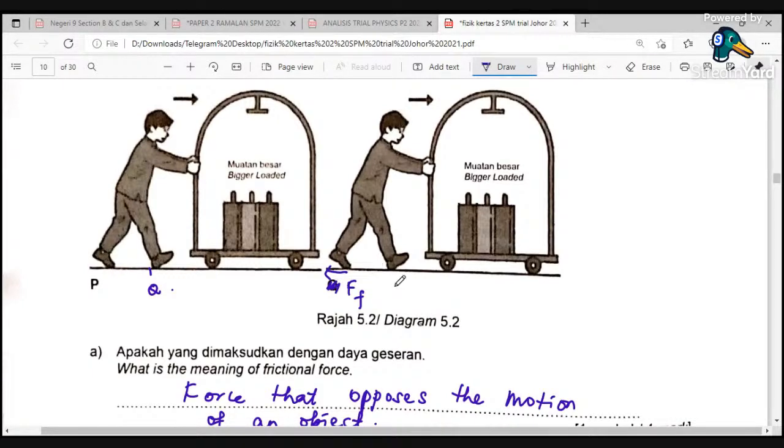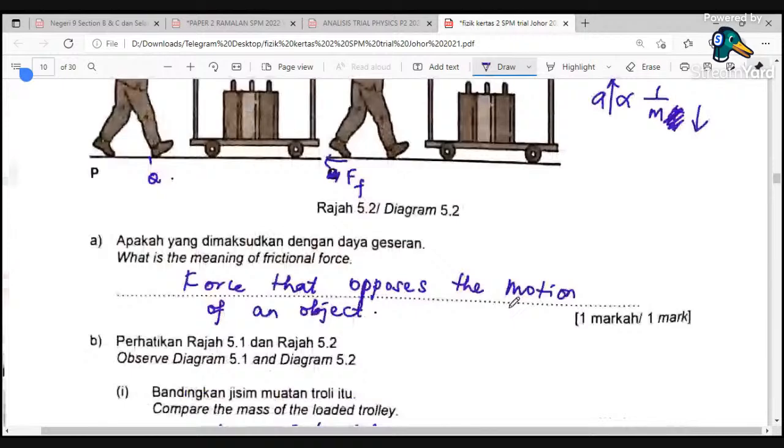This one is formula F equals to ma. Okay, same force. So relationship between m and a, inversely proportional. Accelerate fast level, it will move further. Okay, right now. There's a mistake.